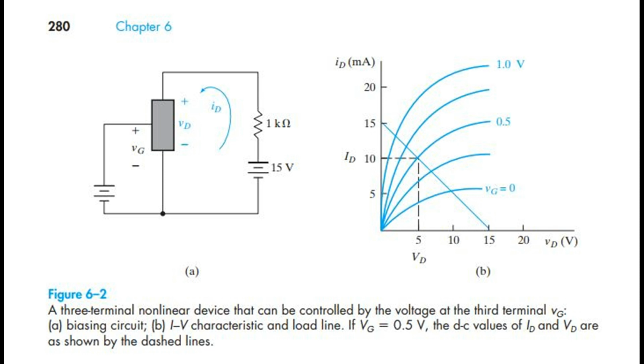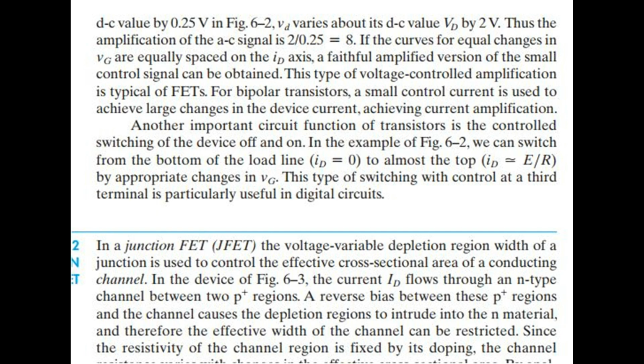In a junction FET, JFET, the voltage variable depletion region width of a junction is used to control the effective cross-sectional area of a conducting channel. In the device of Fig 6.3, the current flows through an N-type channel between two P+ regions. A reverse bias between these P+ regions and the channel causes the depletion regions to intrude into the N material, and therefore the effective width of the channel can be restricted.